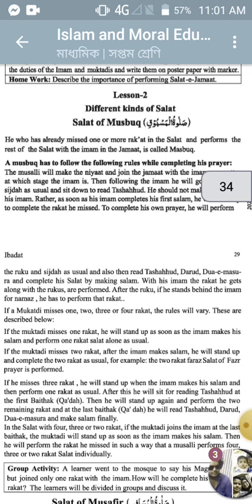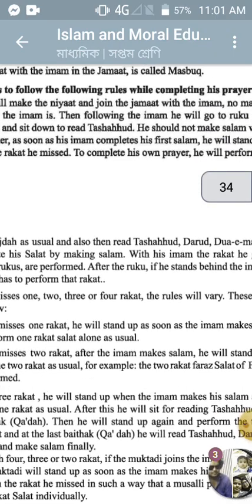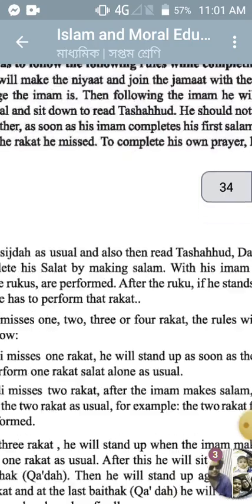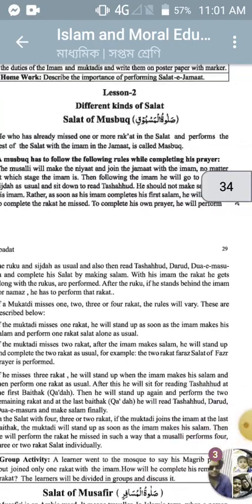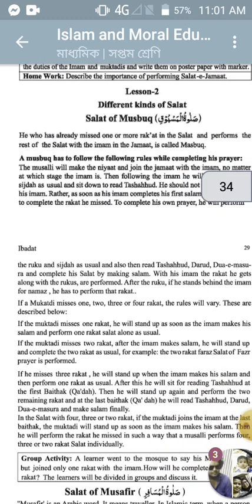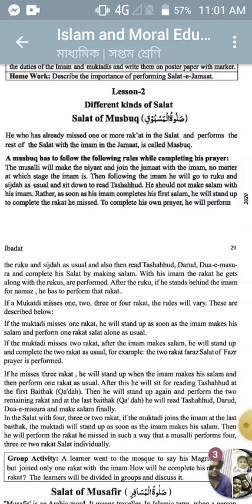A masbuk has to follow the following rules while completing his prayer. The musalli will make the niyat and join the jamaat with the imam, no matter at which stage the imam is. Following the imam, he will go to ruku and sijda as usual and sit down to read tashahhud.